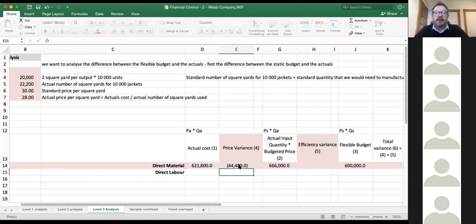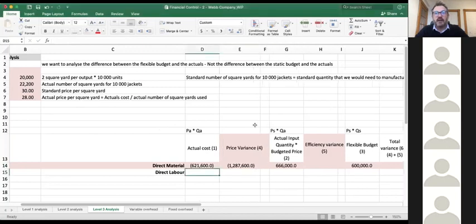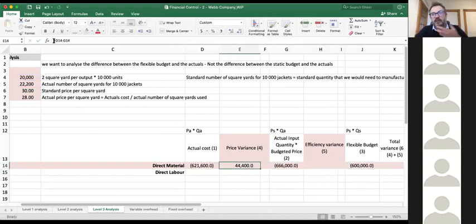So actual minus... here I forgot, I'm not going to put it in absolute value because I want to keep cost as negative value, so the variance that I calculate will have the good sign already.